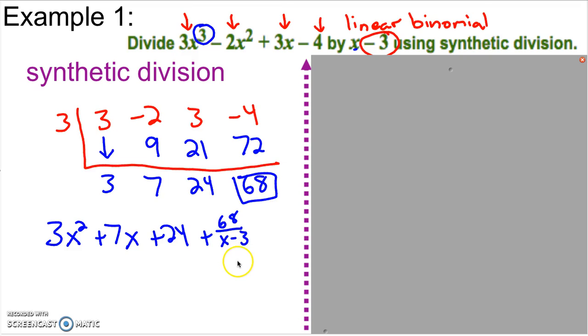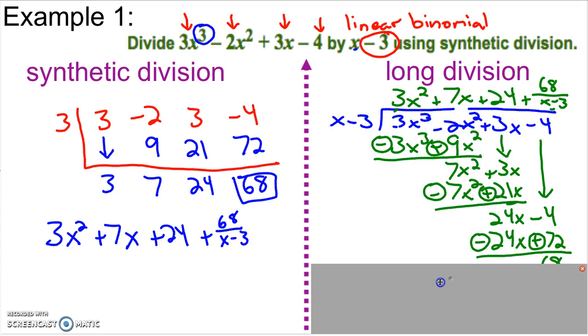Now I know this really feels like a trick. Someone very smart figured out that you can do this without the variables. I want you to take a look at the long division for this same exact problem. So I've written out all the long division steps and I want you to look for the similarities.